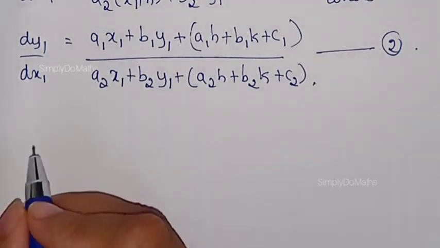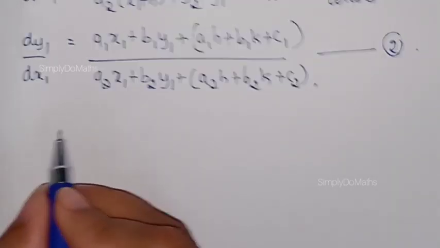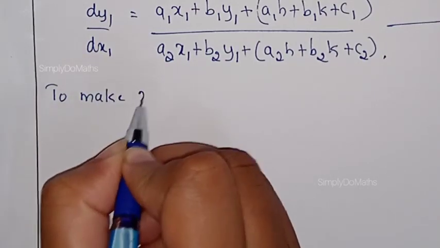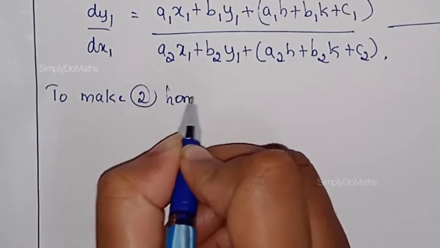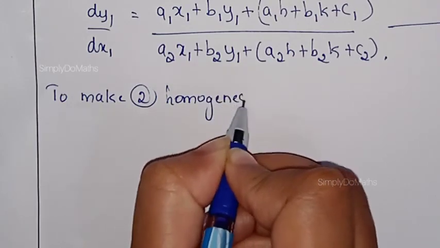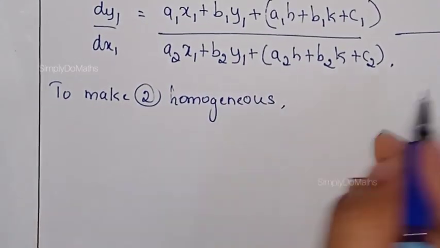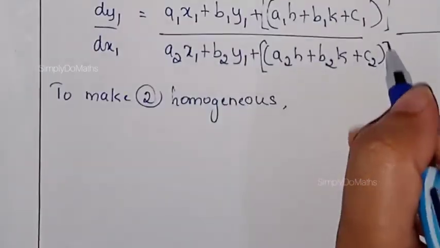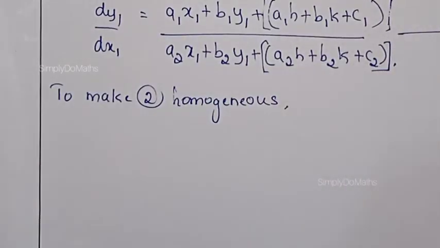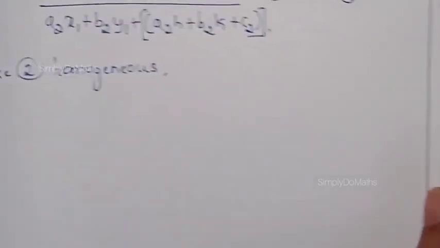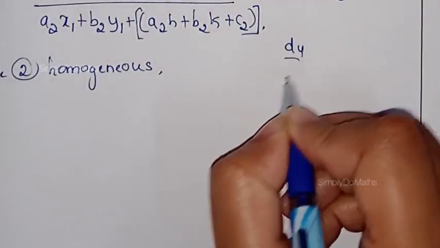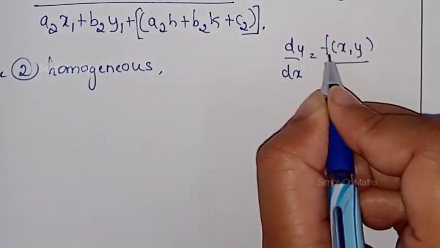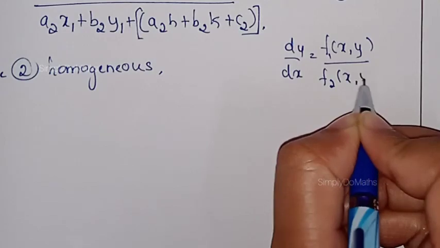Now, to make this equation 2 homogeneous, we need this term and this term to be 0, right? Because a homogeneous differential equation will be in the form dy by dx equal to some function of x comma y divided by some other function of x comma y.